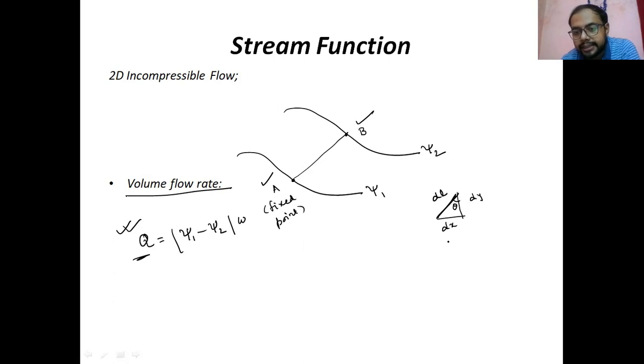Along the x-axis the velocity is u, and along the y-axis the velocity is v. And the volumetric flow rate is velocity v dot dA.